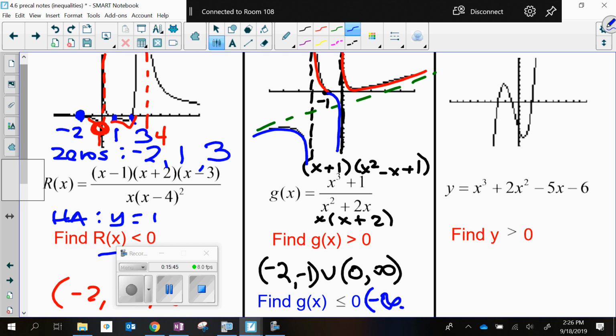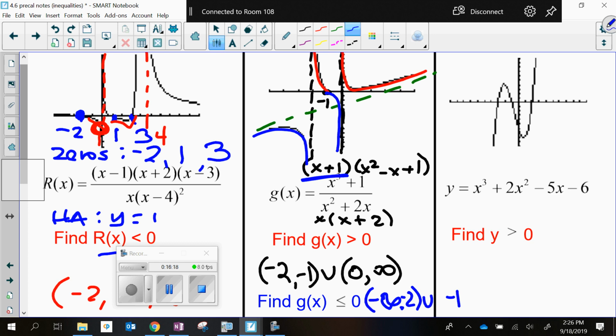Negative infinity to -2 and this piece. Before we get to 0, we got something right here. -1, are we including -1? Is it a 0?